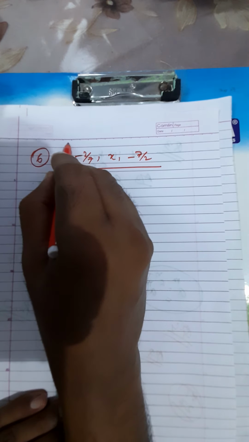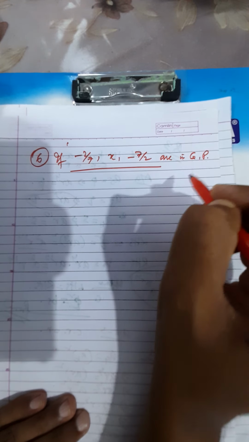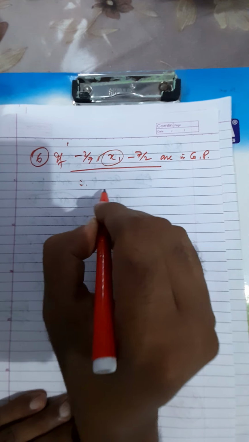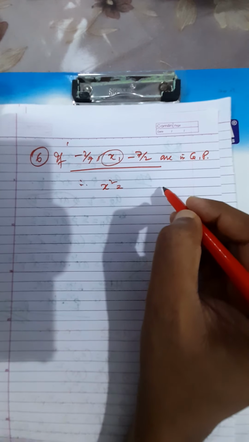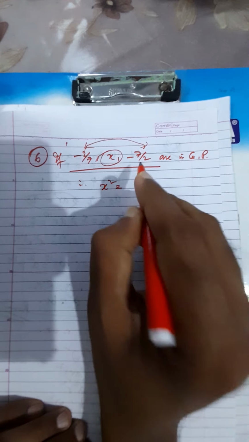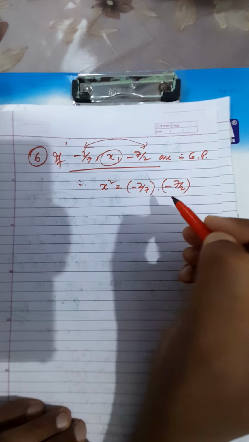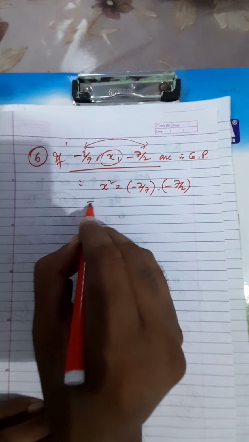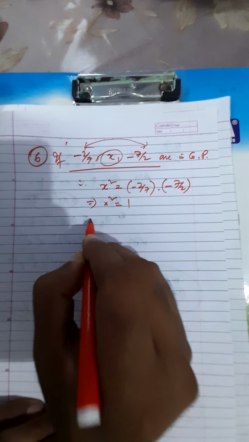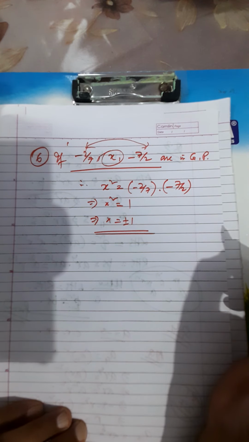If these numbers are in GP, then the square of the middle one, x square, is equal to the product of the extremes, -2/7 into -7/2. So directly we can write the answer. This is a 1 mark question. X square is equal to, 7 and 2 cancel. So x is equal to plus minus 1. So this is the answer.